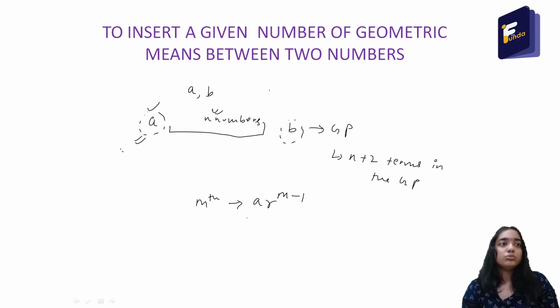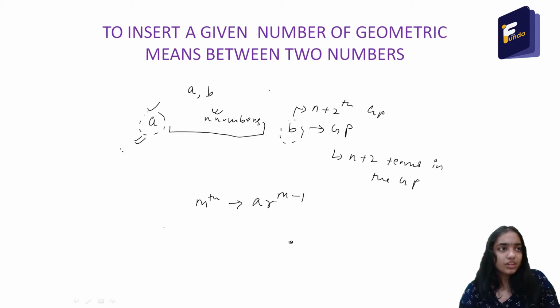This formula we had already learnt in the last class. B is the last term, and there are n plus 2 terms, so B is the n plus 2 term of the GP.